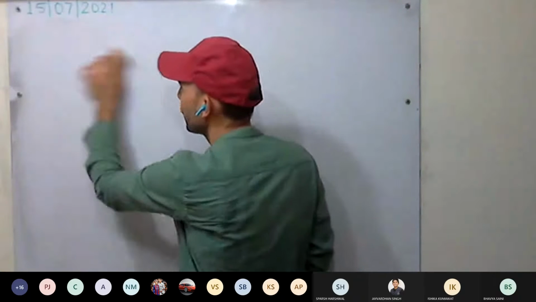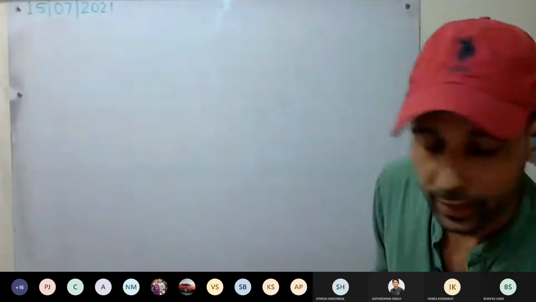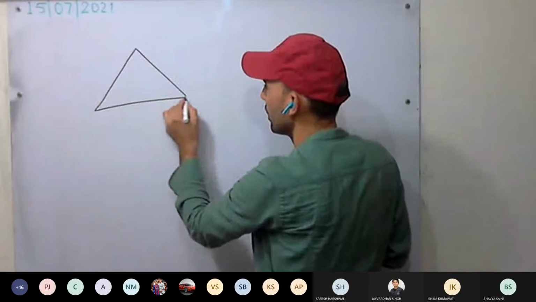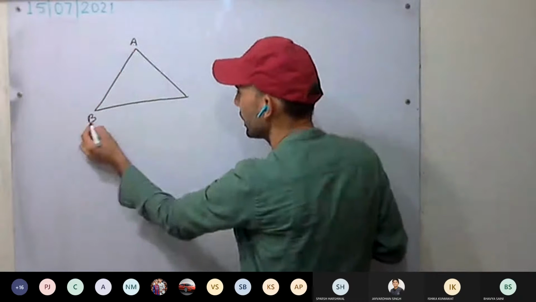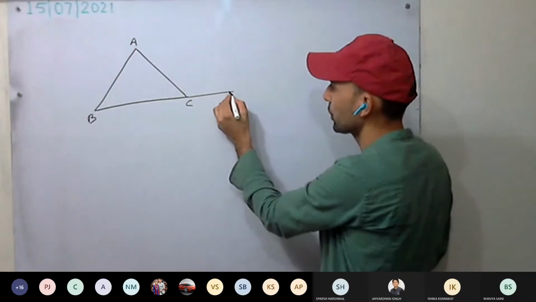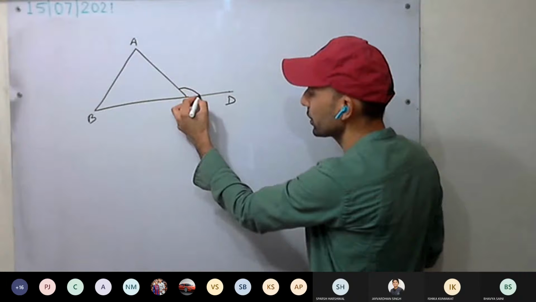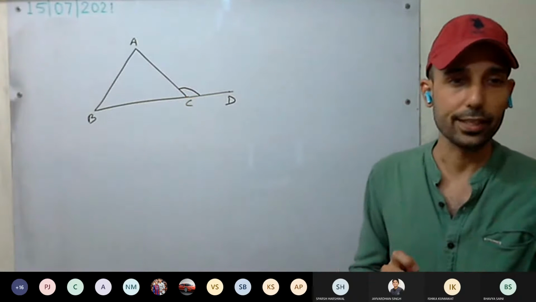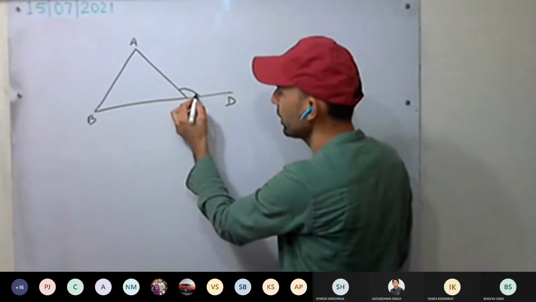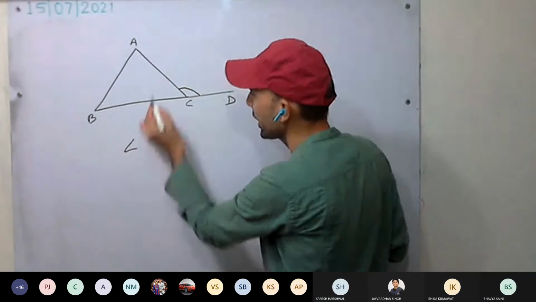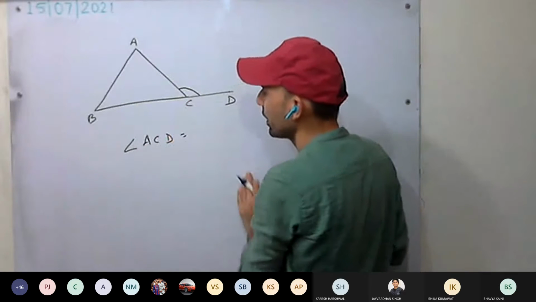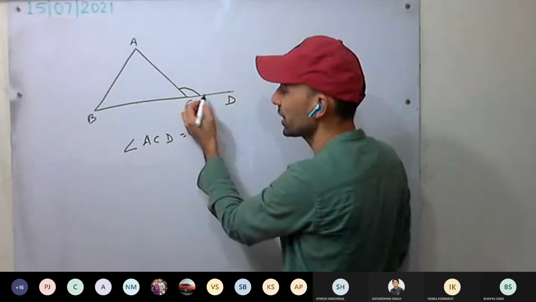Now we'll revise a few properties of the triangle. A, B, C. If I produce this side up to D, what is this angle called? Exterior or interior angle? Exterior angle. So if I write angle ACD, this angle will be equal to the sum of which two interior angles?